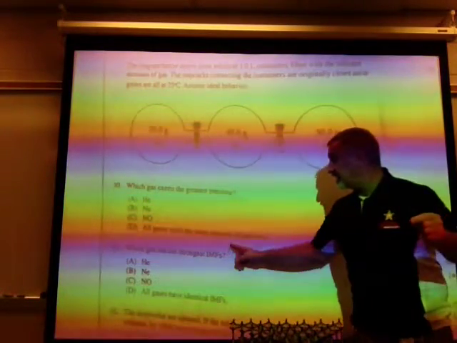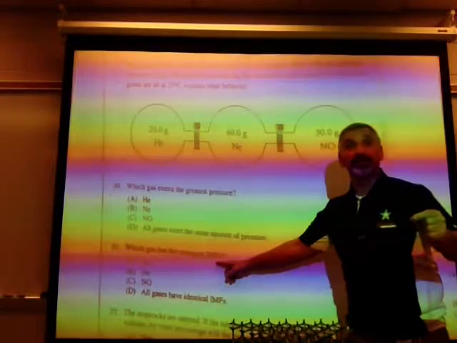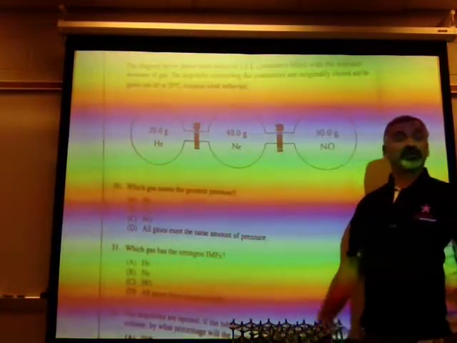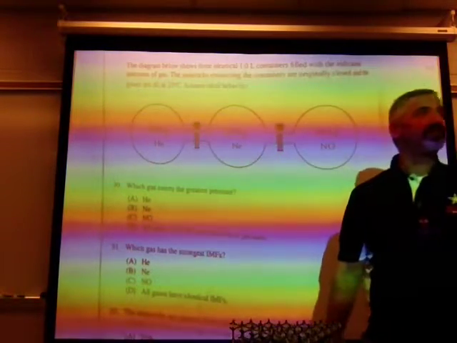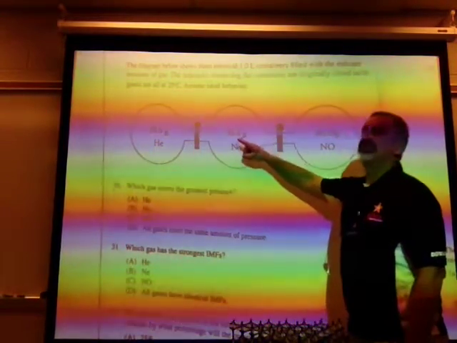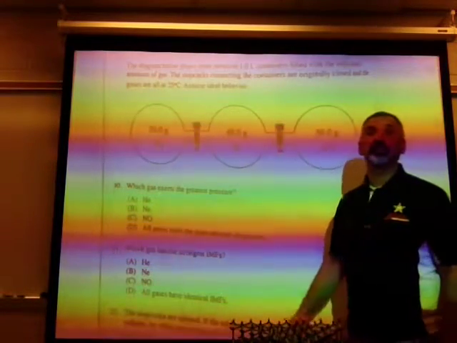It says which has the strongest IMFs. So you have to deal with IMFs. Ideal gases don't have IMFs. Now, let's just talk about real gases, because I don't see this as being an AP question like that. Real gases, which one's going to have the strongest IMF?